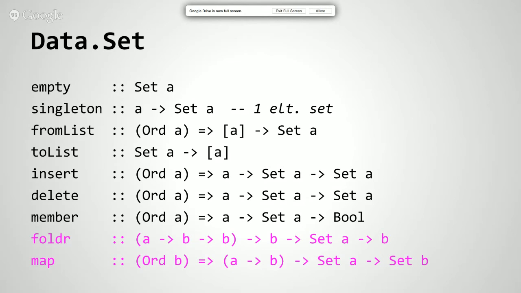Do you want to preserve ordering as you map it? Maybe. Because it looks like foldr sorts. Or no, foldr. Sorry, forget I said that. So the question was, why does map have Ord B and foldr doesn't? Why does foldr not have any Ord constraint?